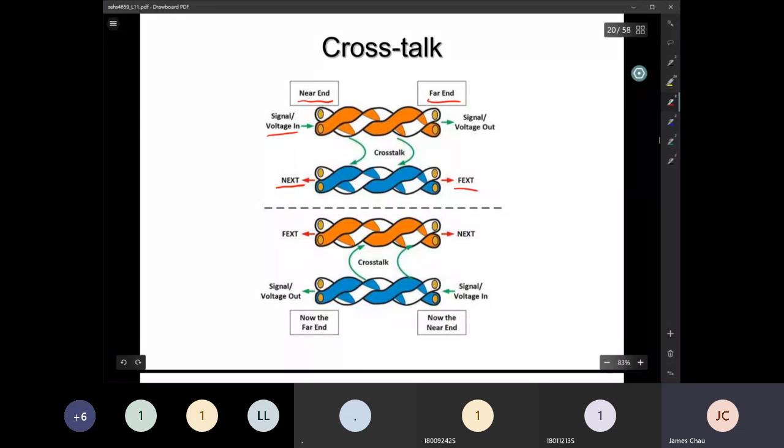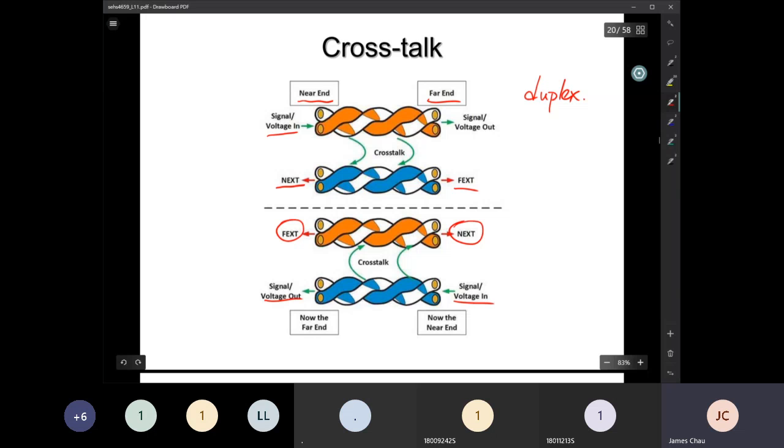At that time, we have the far end crosstalk, FEXT. Now at the bottom, we do the reverse: we input a signal at the bottom cable. Eventually this makes the right-hand side of the top cable have near end crosstalk. At the left-hand side, because it is the voltage output, it causes far end crosstalk to the top cable. Actually, this diagram already shows the dual path communication.